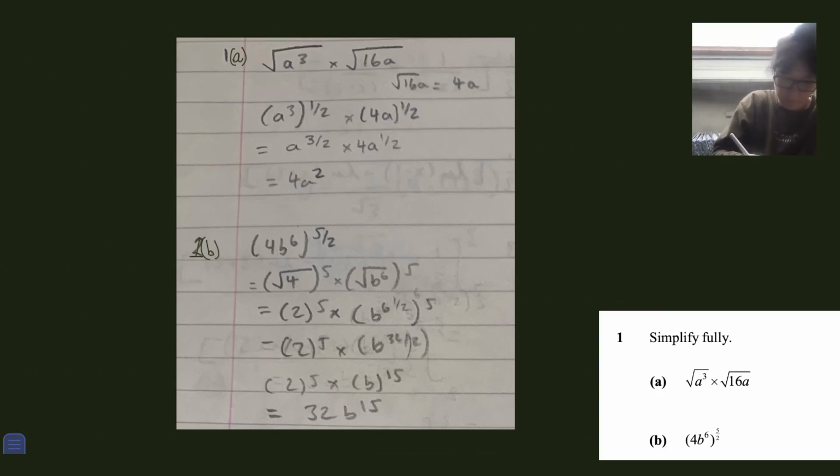So on this one, you have got the square root of a cubed times the square root of 16a, and then it should be equals this, which equals this, which equals this. Look at the next one: 4b to the 6 all to the 5 over 2 equals this, which equals this, which equals this.